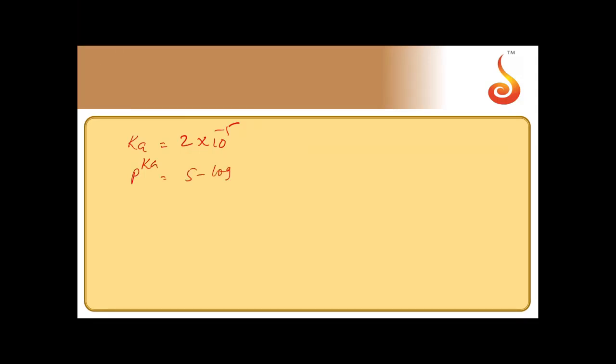pKa is equal to 5 minus log 2. Log 2 is 0.3010. So it comes to 4.7 nearly. Now pH is equal to pKa, that is 4.7, plus log of concentration of salt and acid, both equal, so 0.01 and 0.01.